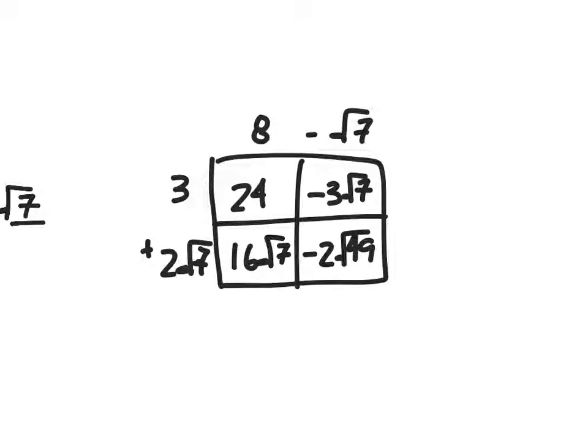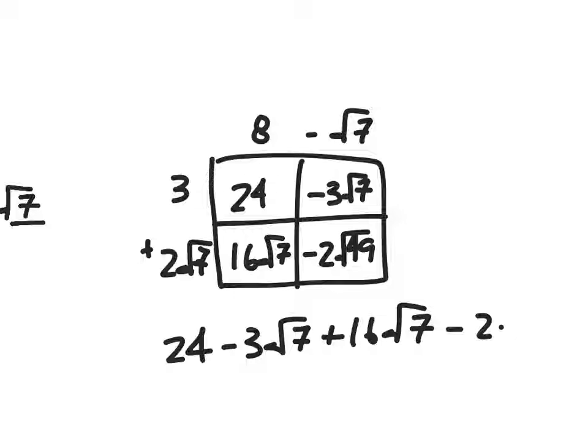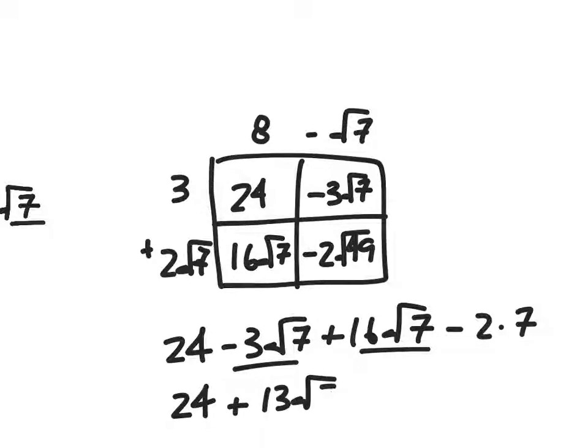So then if I add these together, we get the same thing. 24 minus 3 root 7 plus 16 root 7 minus 2 times square root of 49, which is 7. These are like terms, so you're going to get plus 13 root 7 and then minus 14. So 24 minus 14 gives us 10.